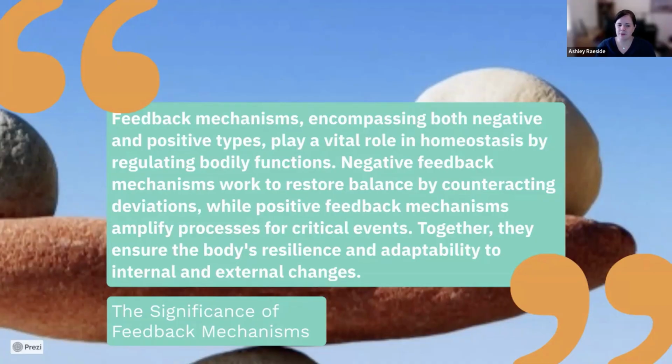And together, they allow the body to be resilient and adaptable, and they adapt to internal and external changes. So we need them to work. And if they don't work, then we have negative outcomes such as disease or illness or something like that. Okay, and we'll go on to that a little bit more as we go into the next lesson.